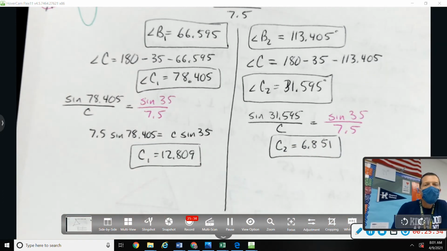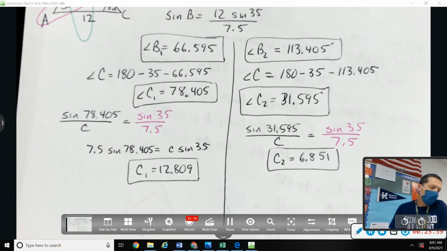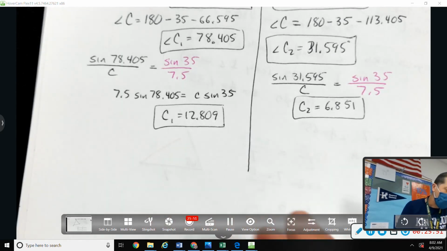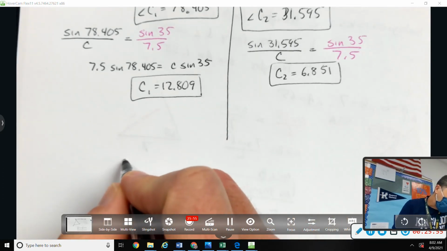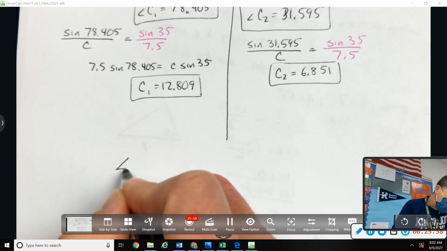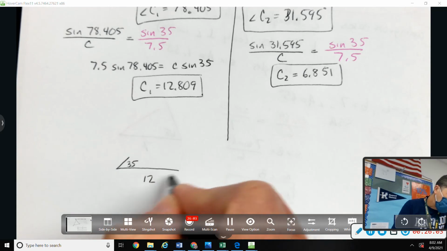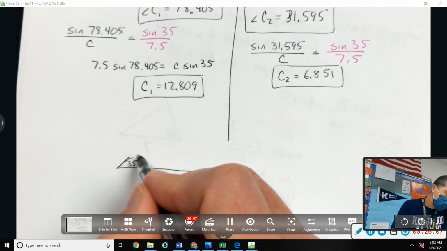So there were two triangles that worked for this particular problem. Let me see if I can sketch it to show you that. So you don't need to draw this, but I'm going to try to sketch what just happened. So angle of 35 is pretty shallow. This side was 12. And we don't know how long this side was, so just a dashed line.